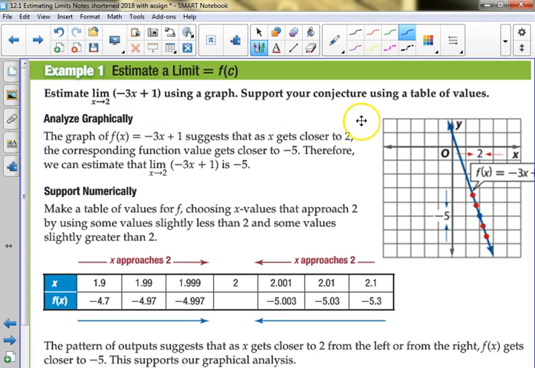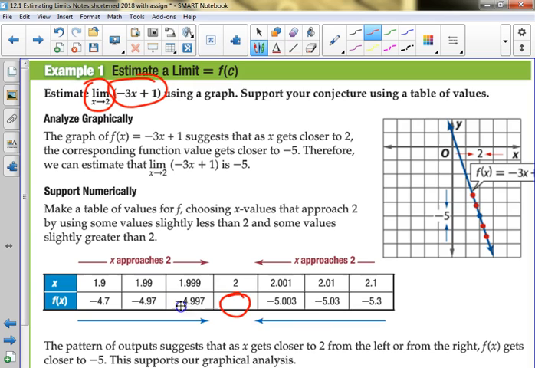So if we have this, it is not rocket science, guys. This is a graph of a line, yes? Crosses at 1, has a slope of -3. It is continuous, right? So we want to know what the limit is doing as x approaches 2. As we get closer and closer to an x value of 2, the y is getting closer and closer to a y value of what?